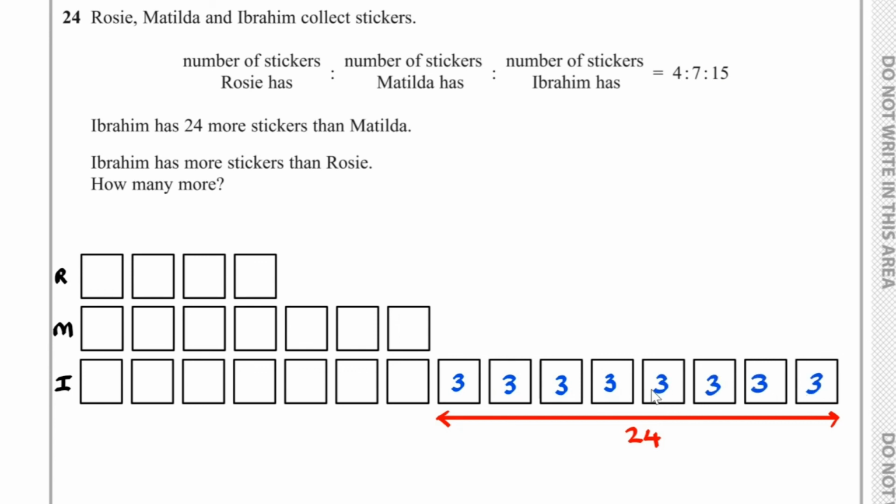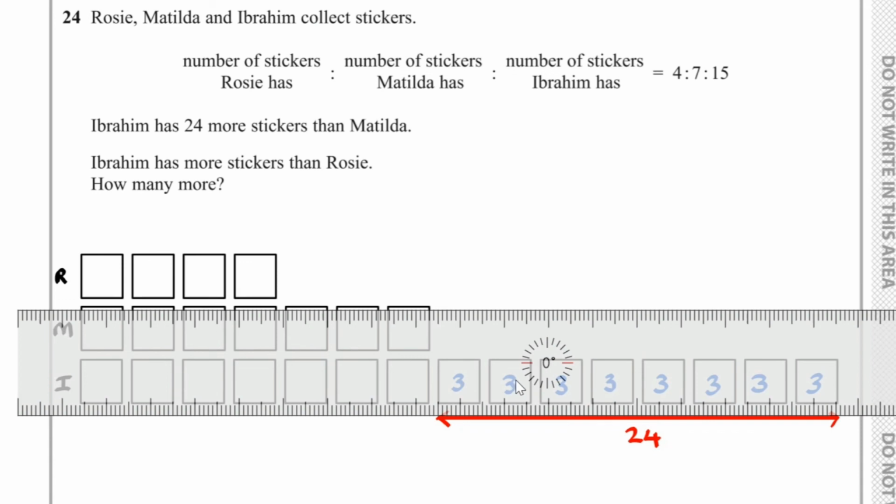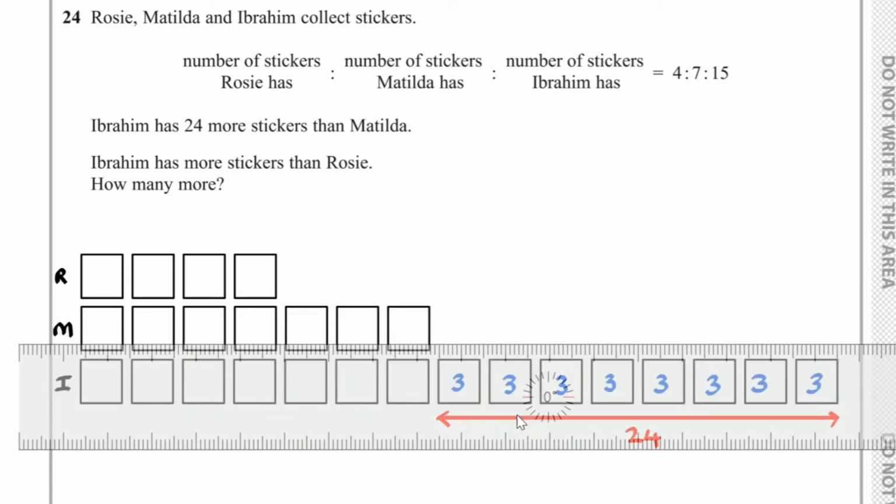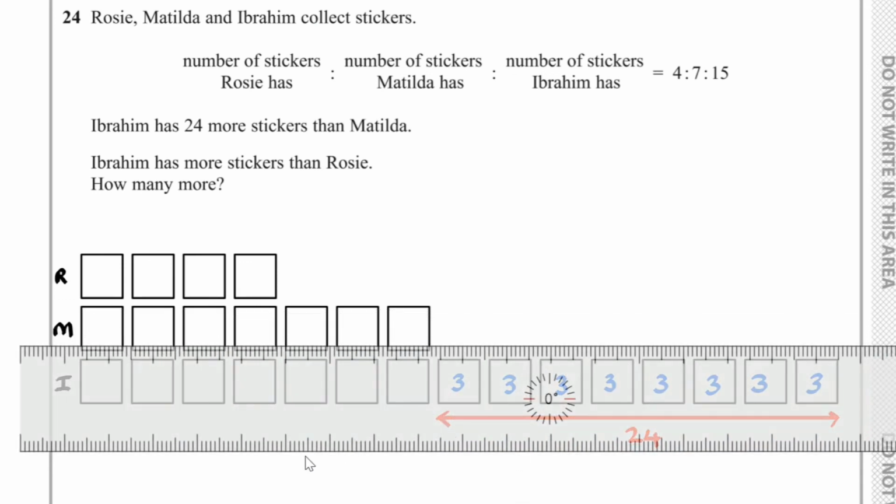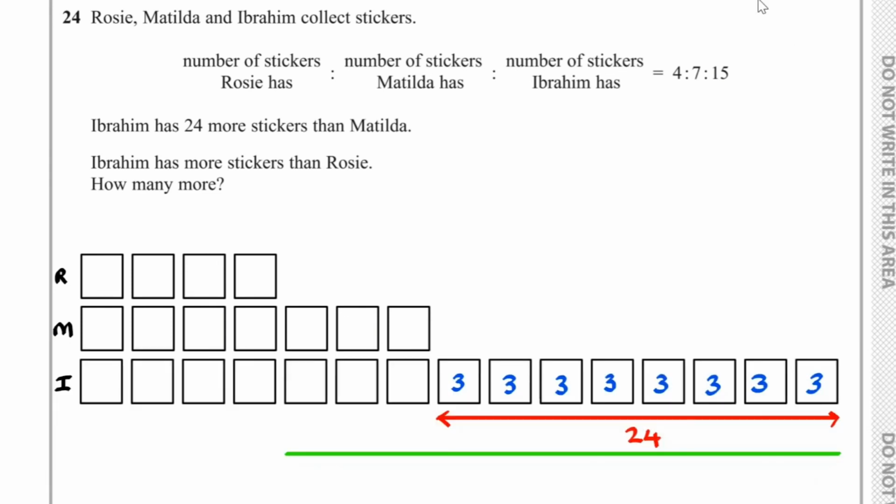And what we need to do is calculate the difference between M and I. Rather, we need to calculate the difference between R and I. And that will be given by this difference over here.